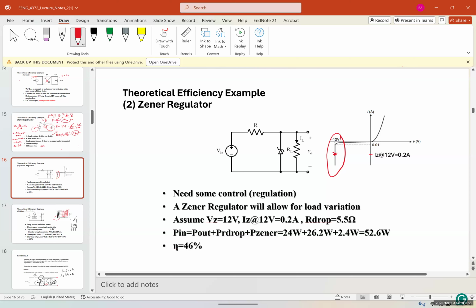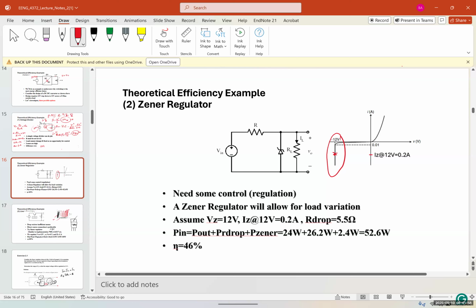A Zener regulator will allow for load variation. So if the load goes up and down, or even the source goes up, you would have minimal changes in the voltage. If you assume a 12 volt Zener voltage, VZ, and IZ at 12 volts is 0.2 amps. The R drop is 5.5 ohms.